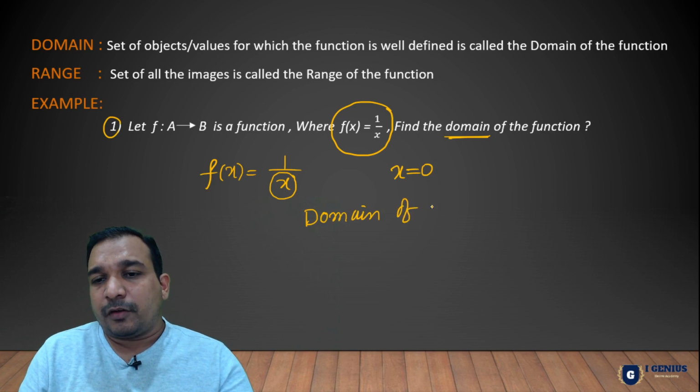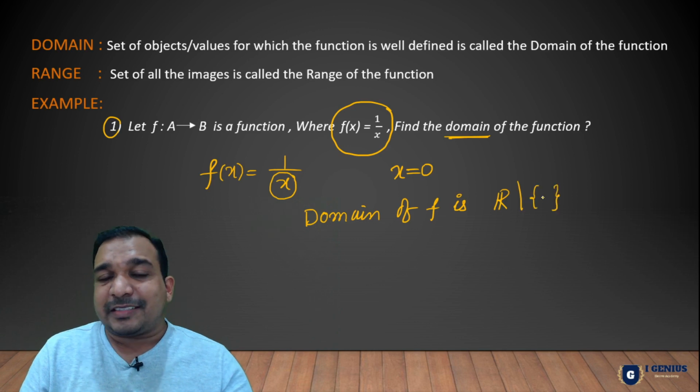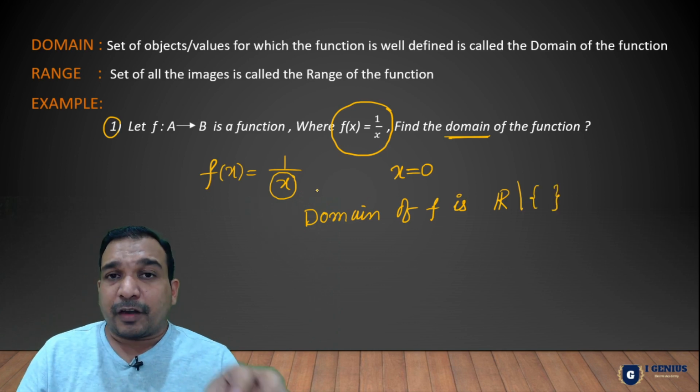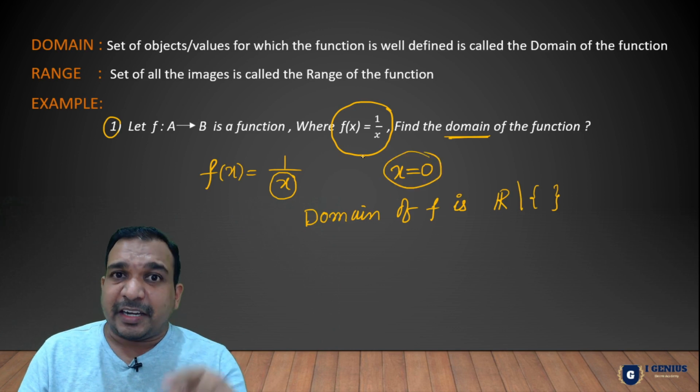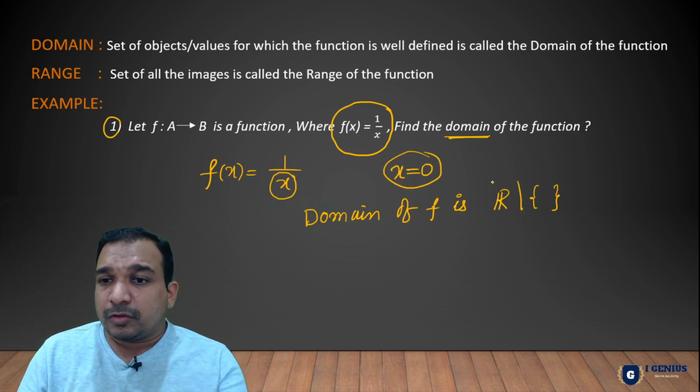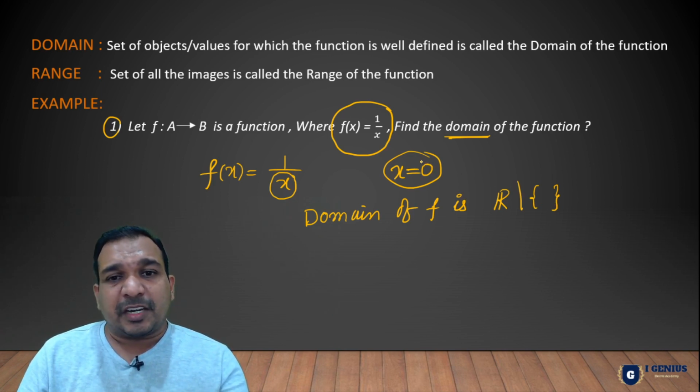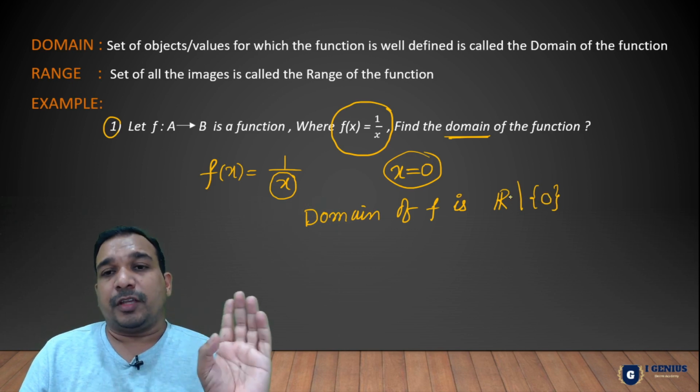The domain of f is all the real numbers except a set. In this set, we write the x values for which the denominator becomes 0. At which x value is the denominator becoming 0? At x equal to 0. That's why we write only 0 here.